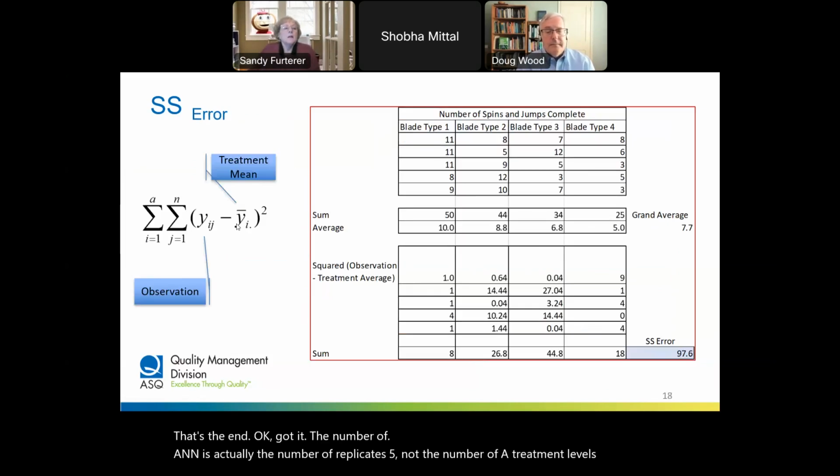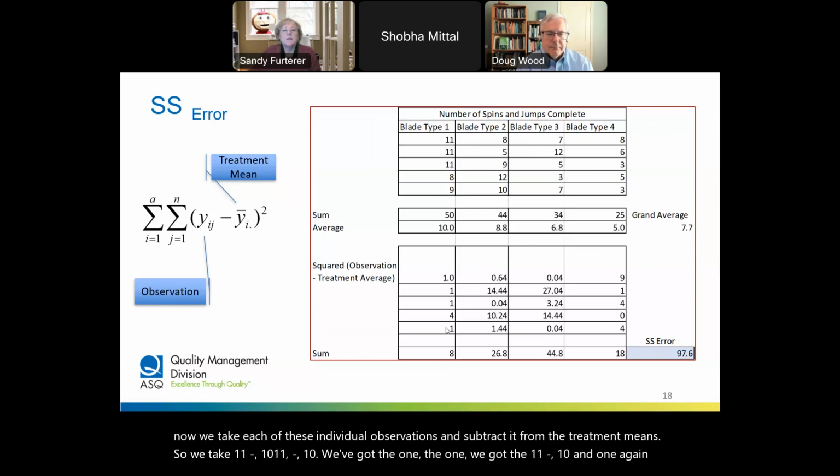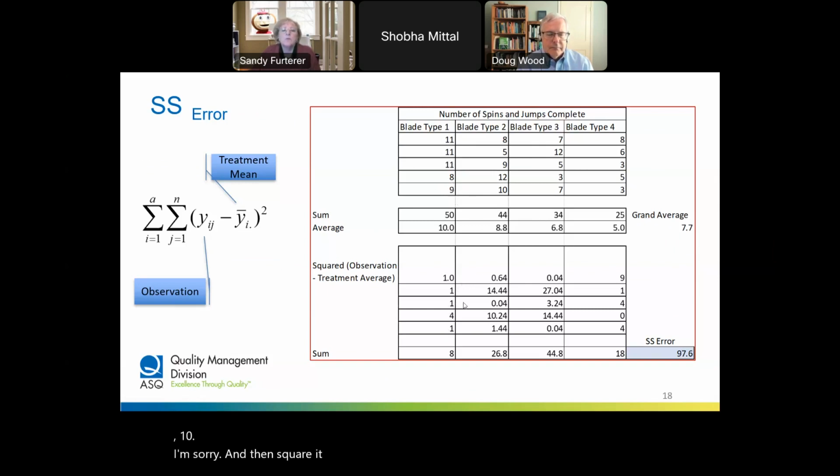Now we take each of these individual observations and subtract it from the treatment mean. So we take 11 minus 10, 11 minus 10. We've got the 1. We got the 11 minus 10, a 1 again, 8 minus 10, 2 squared.